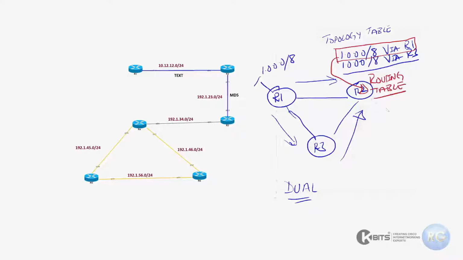That route that is put in the routing table, let's say it's via R1, is known as the successor route, the best route. The second route that did not make it, that's not the best route, is still maintained in your topology table, known as the feasible successor.